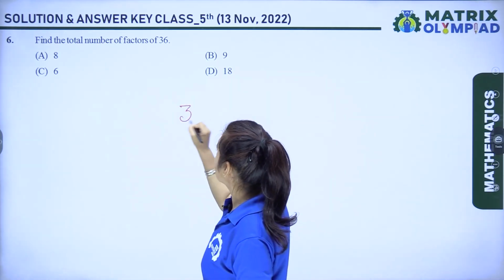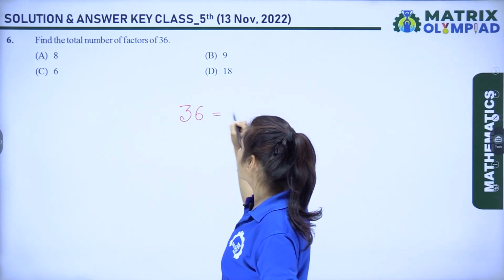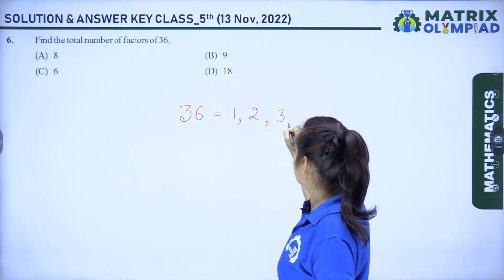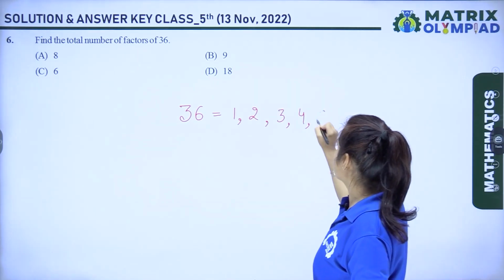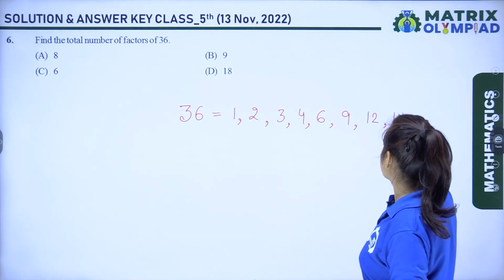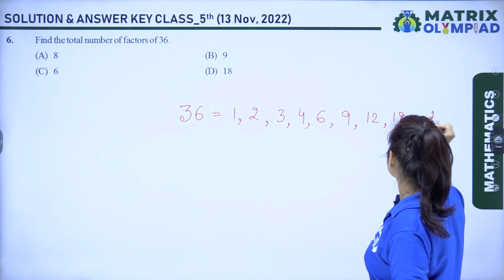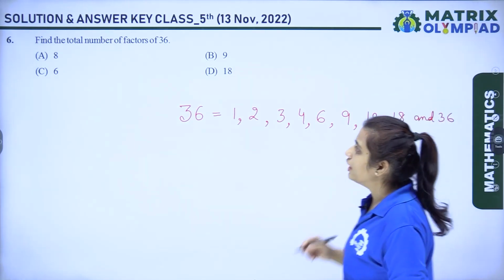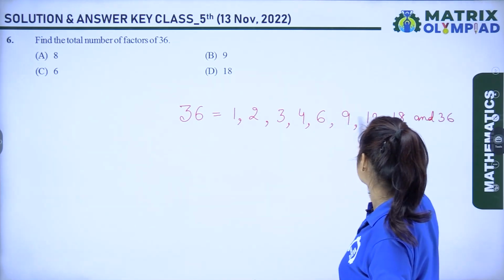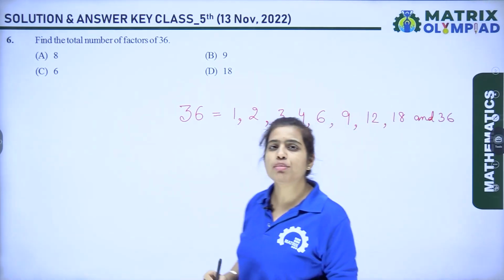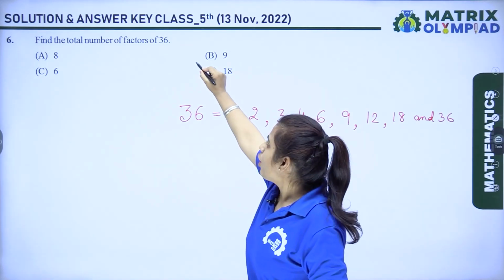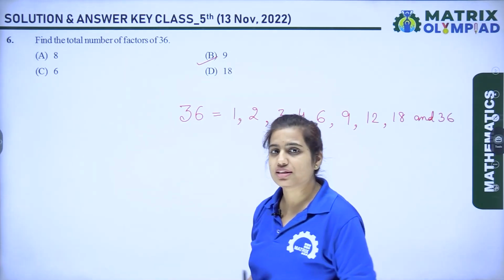Now factors of 36 are 1, 2, 3, 4, 6, 9, 12, 18 and 36. Let's count the total number of factors. It's 1, 2, 3, 4, 5, 6, 7, 8, 9. So the total number of factors of 36 are 9. So option B is the correct answer.